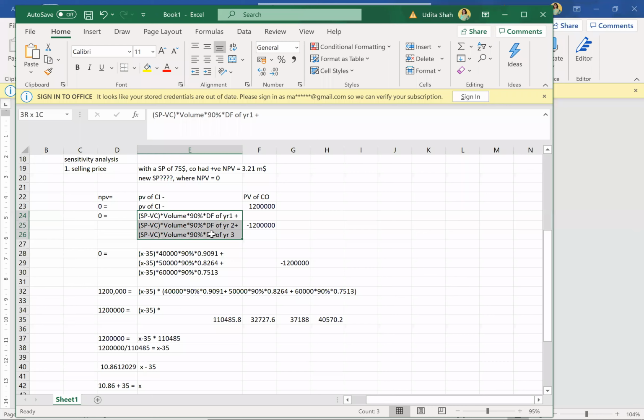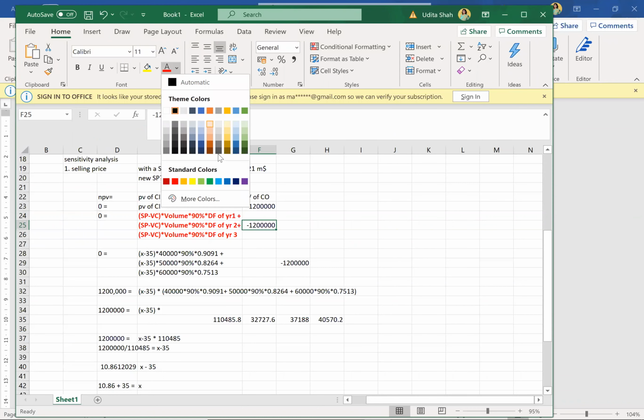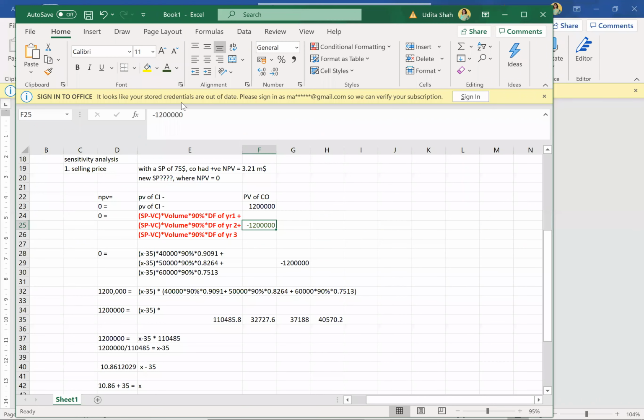This whole thing is PV of cash inflow. Correct? Minus 1,20,000 will be my PV of cash outflow. So this 1,20,000, I took it over this side and I solved this equation and I found the value of X.